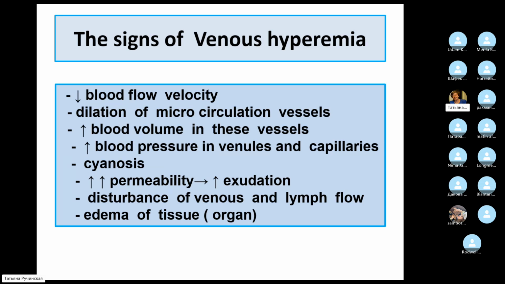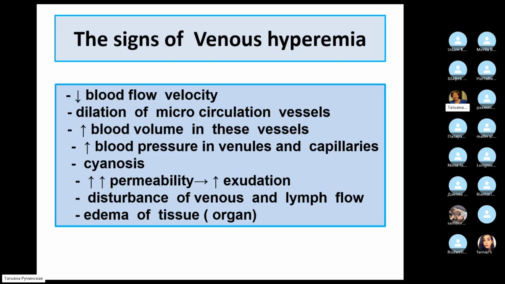Now, these are the signs of venous hyperemia. This is approximately the same as I told you previously, except one. There is such a sign as cyanosis. What is this cyanosis?